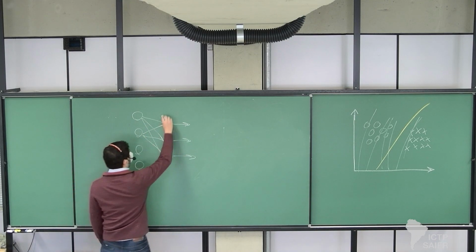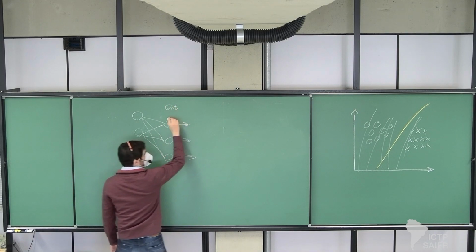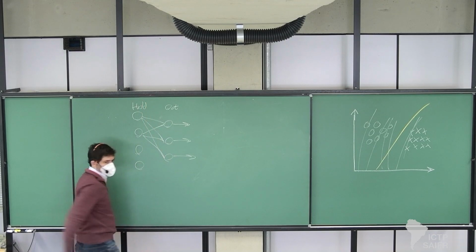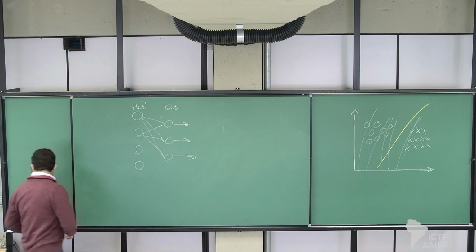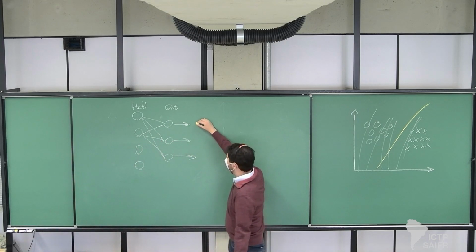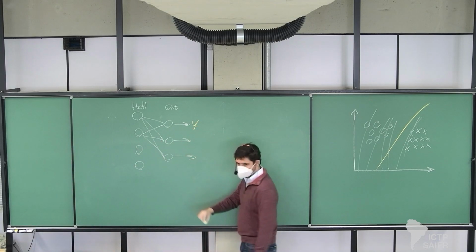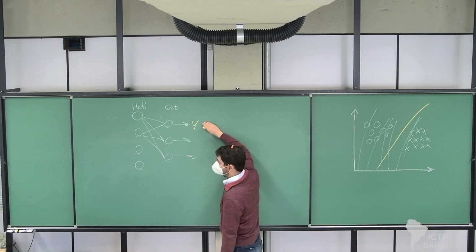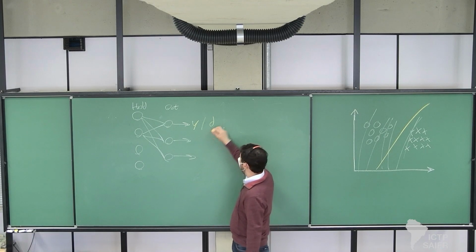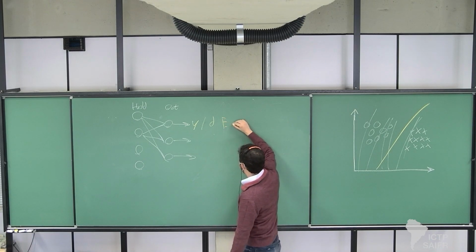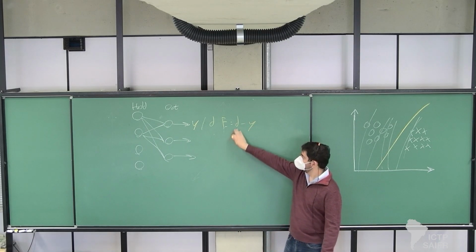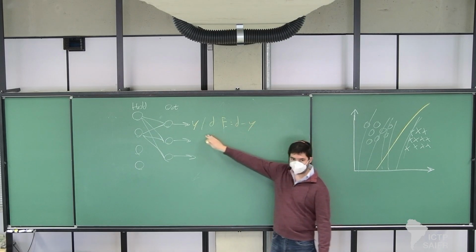This is the output, and this is a hidden layer. So what happens? For a given output neuron, I know the output and I know the desired output. So the error is easily calculated: desired output minus the output of the predicted neuron.